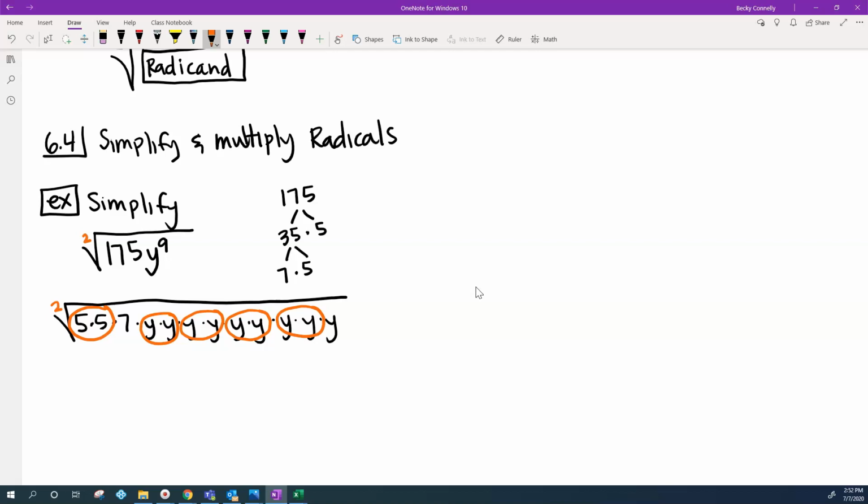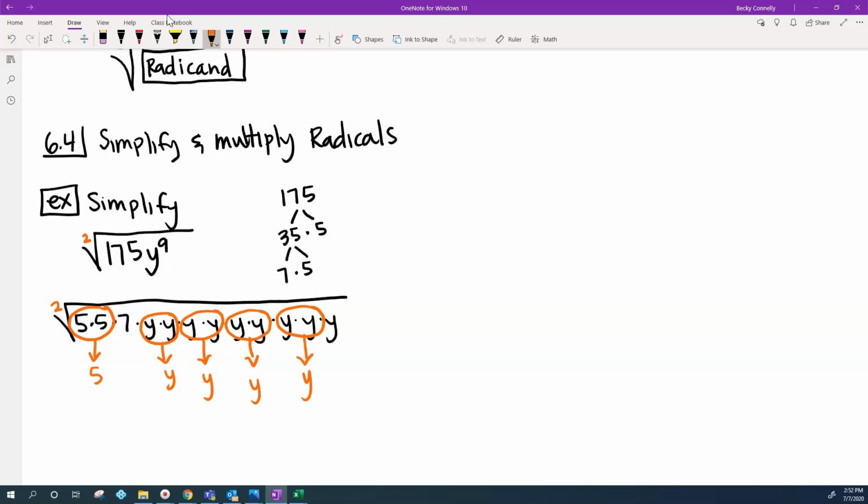Remember, you have to have 2 of the same in order for that number to come out. So a 5 gets to come out. Actually, I'm going to write it this way, just on this first one. So 5 comes out, and then each of these comes out.